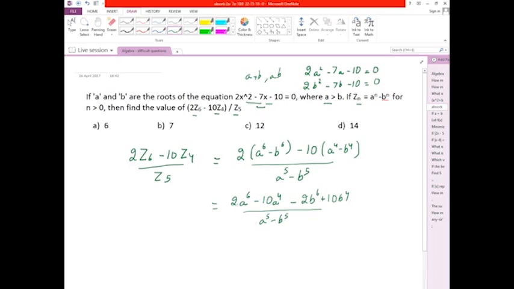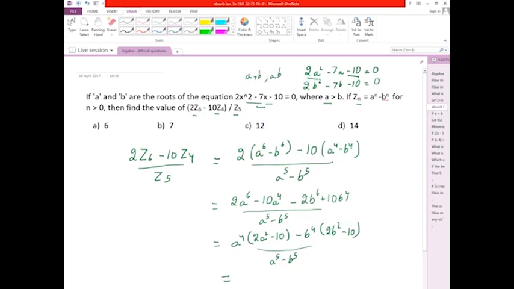If you take a to the power 4 common, what is left inside is 2a square minus 10. And you have 2a square minus 10 here. And then if you take b to the power 4 common, you have 2b square minus 10 by a to the power 5 minus b to the power 5.